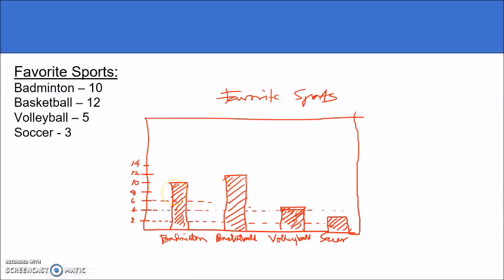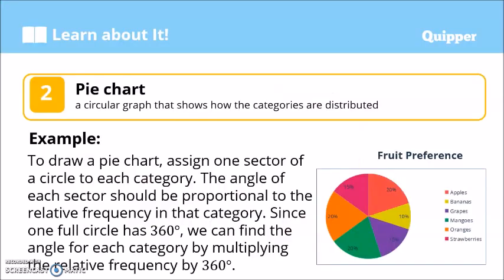Nowadays, marami na tayong software, no? Especially, we can create graphs sa Word, sa Excel, sa PowerPoint. Pwede naman. We also have what we call a pie chart. Kanina, bar graph. Ito naman, pie chart. A pie chart is a circular graph that shows how the categories are distributed. So, we have here an example of a pie chart or tinatawag din minsan na pie graph.